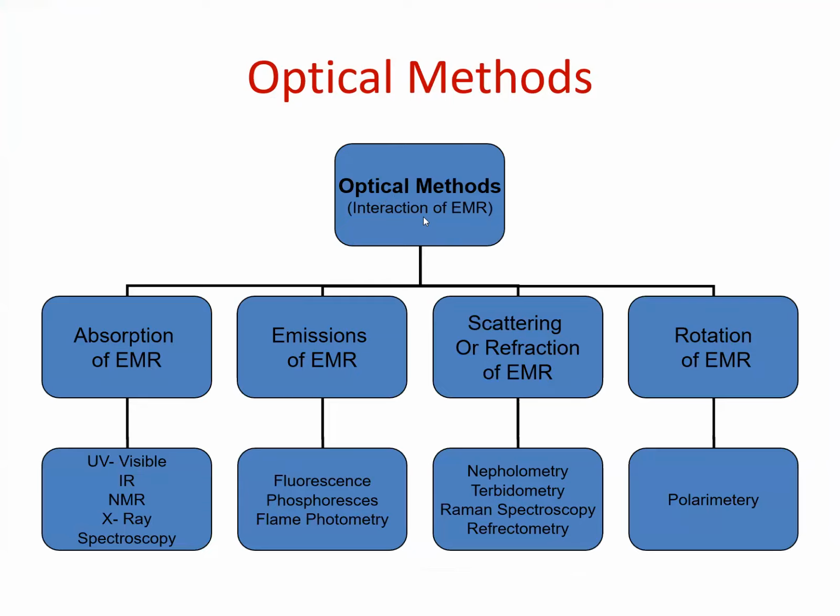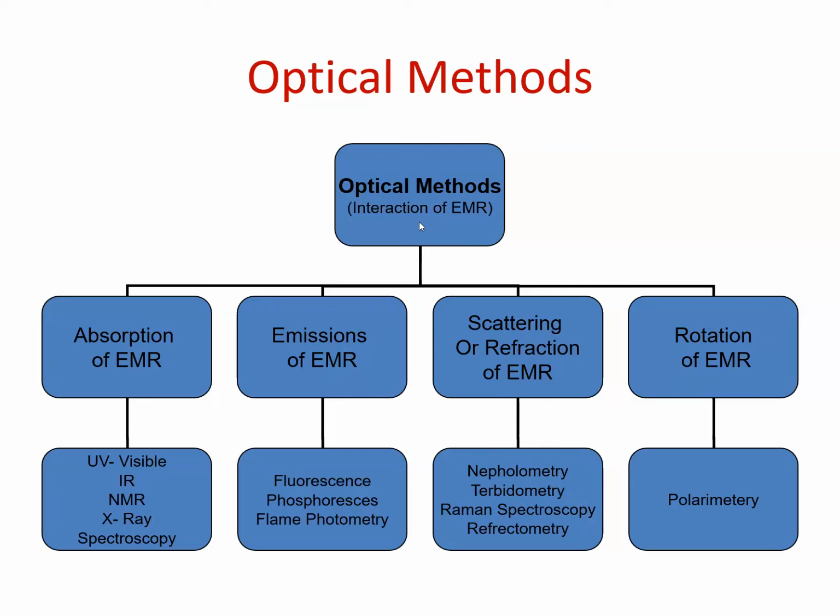Or there is emission of the electromagnetic radiation. Or when your analyte interacts with the electromagnetic radiation, there will be scatter or a refraction of that electromagnetic radiation, or there will be some rotation of the electromagnetic radiation.